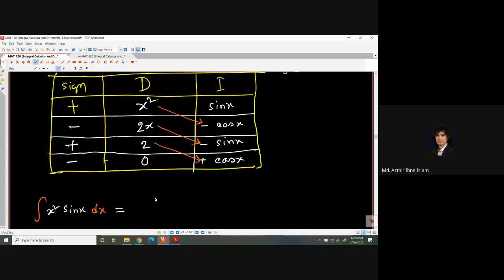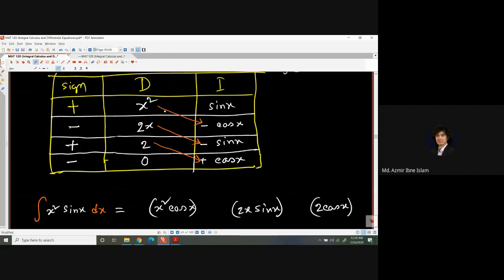At first we write the product of x squared and cosine x. Don't think about the negative and positive sign, we will discuss it later after having all the terms. The second term will be the multiplication of 2x and sine x, and the last term will be the multiplication of 2 and cosine x.